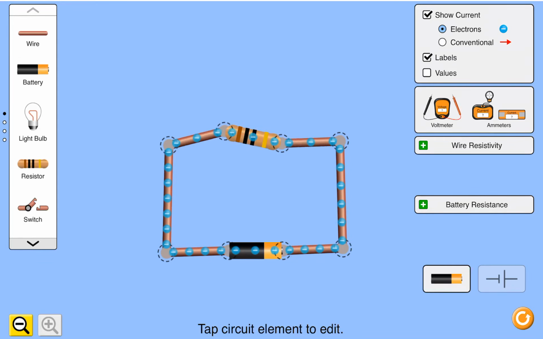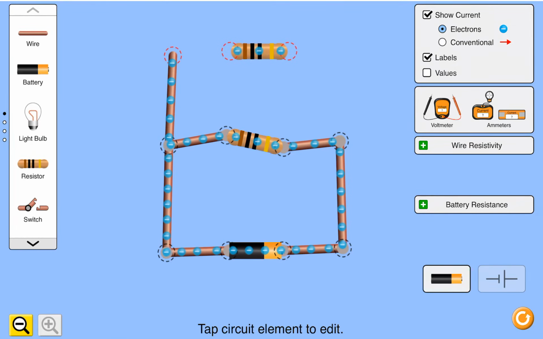Right now I've just built a series circuit, but remember, if I want to make a parallel circuit, I have to have the ability for the electrons to go somewhere else as well. So, what do I have to do? I have to basically make a separate path for this guy. And boom. As soon as I do this, now all the electrons are flowing.